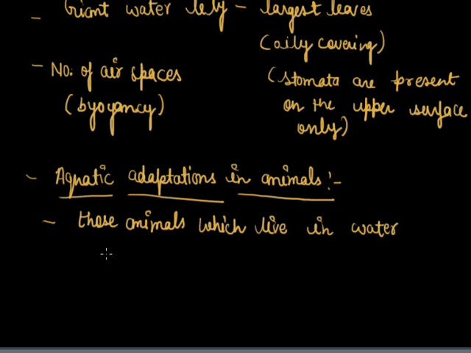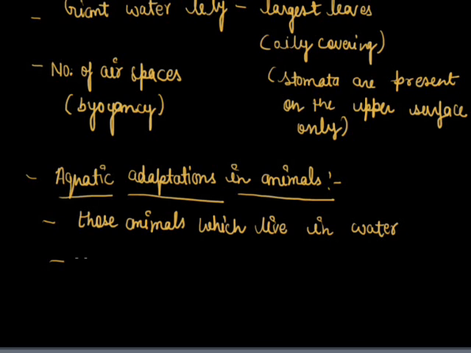That is, water is their home or habitat. Animals may live in water primarily or they have shifted to water habitat later on as a secondary adaptation. Accordingly, these animals show the following modifications.